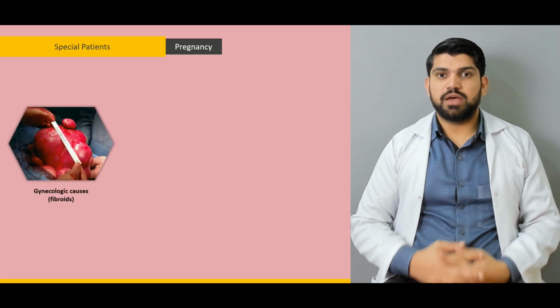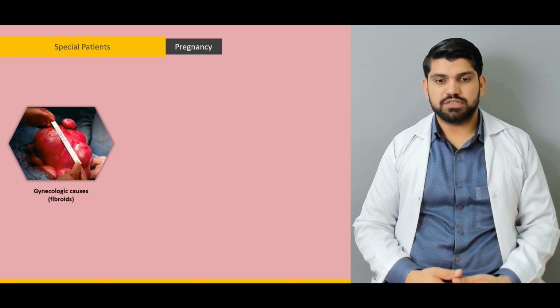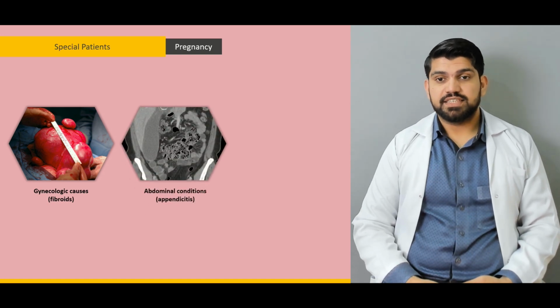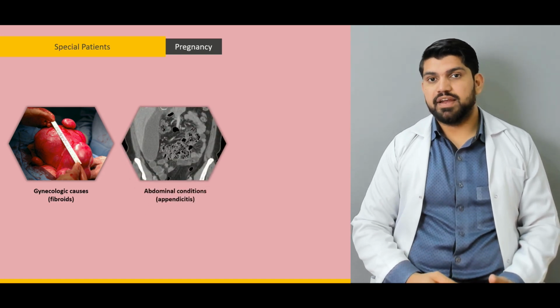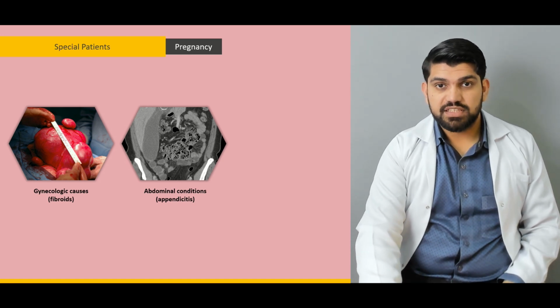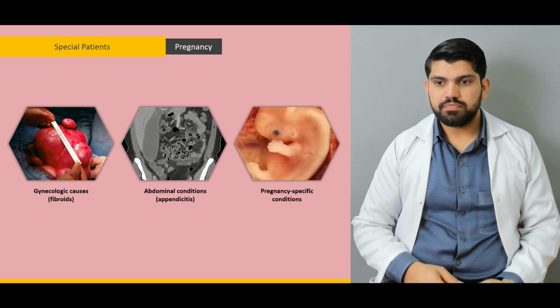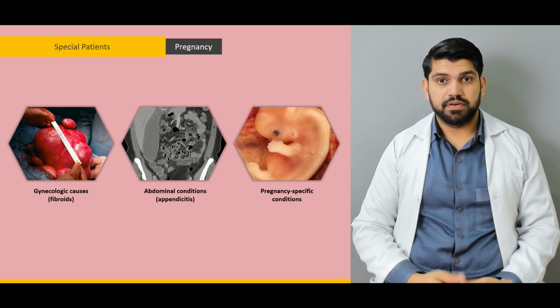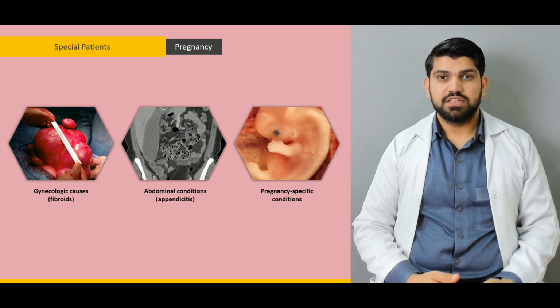At times, abdominal pain can present with gynecological causes, for example, fibroids, or appendicitis, but the position of the appendix in pregnant females is different. So this needs to be evaluated. Pregnancy-specific conditions, for example, inflammatory diseases, fibroids, any ectopic pregnancy.